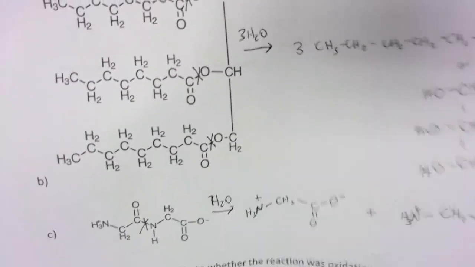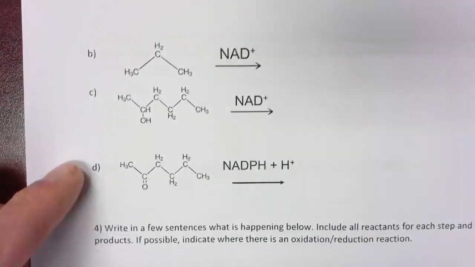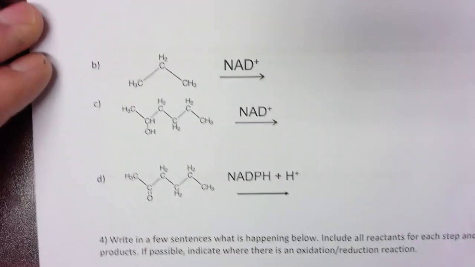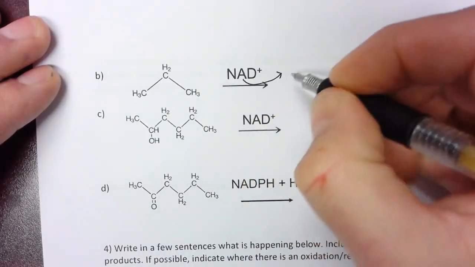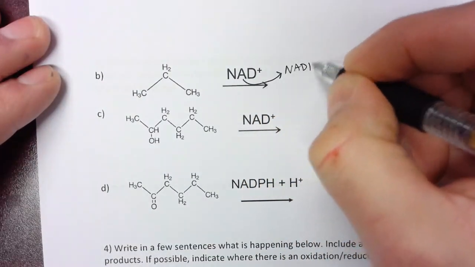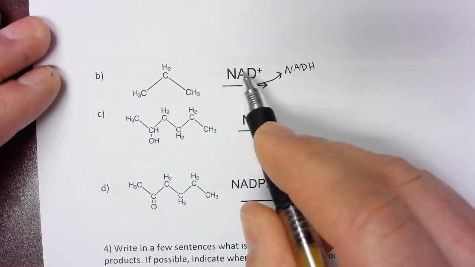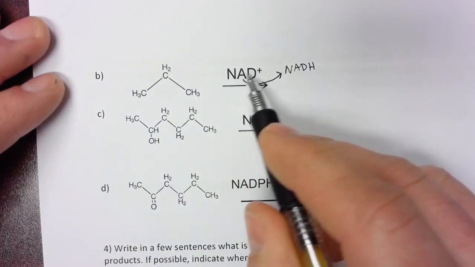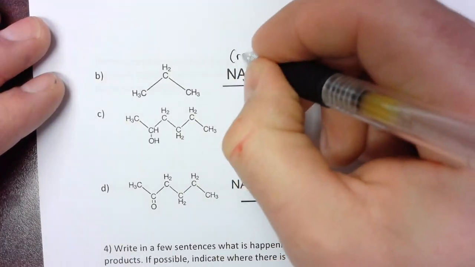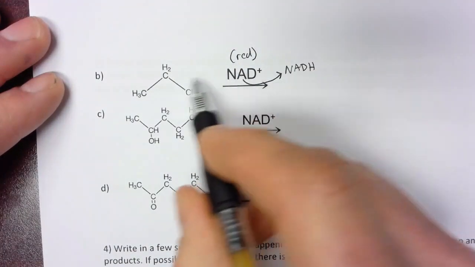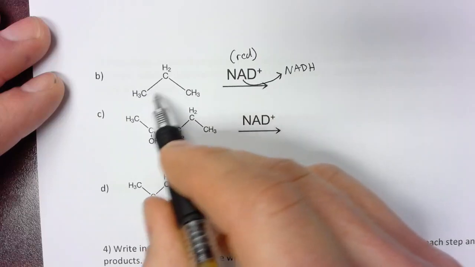Alright, on the next page we have more of the same. Okay. Once again I'm going to draw an arrow, and the NADH is what results from this, because NAD+ cannot be further oxidized, so it must be getting reduced. And if NAD+ is getting reduced, this must be getting oxidized.